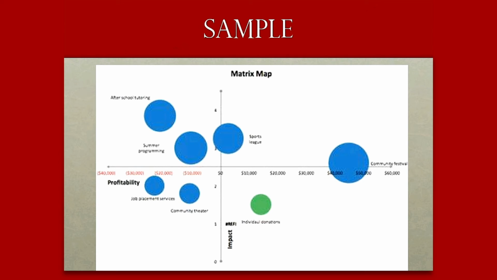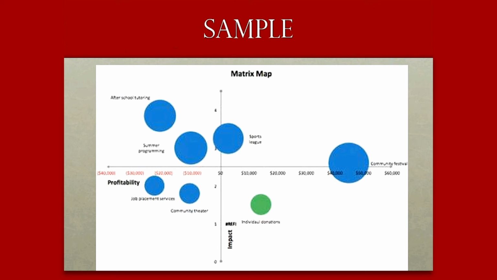The real winner, and what seems to allow the organization to survive, is that it has a community festival, which is both on mission in that it provides a public outlet for performance and youth-led entrepreneurship, and it generates some income.